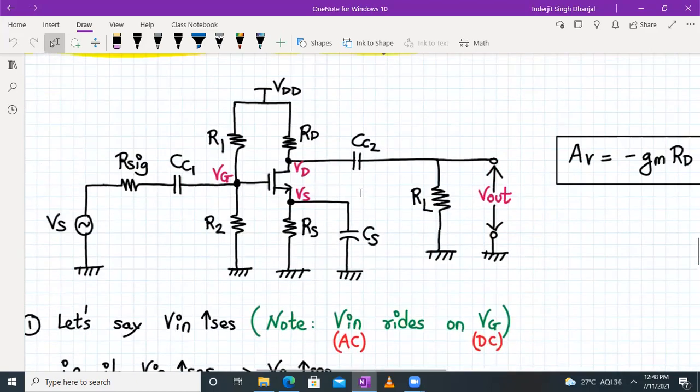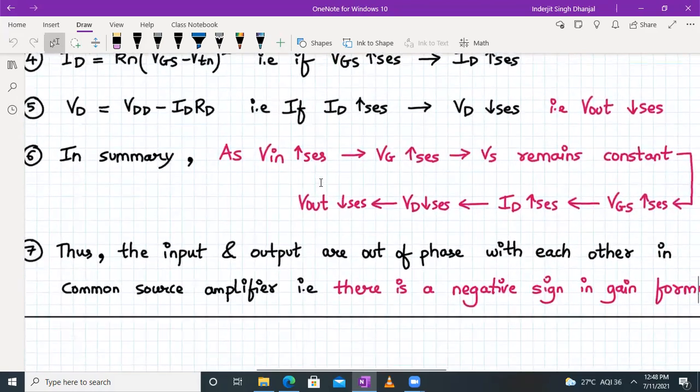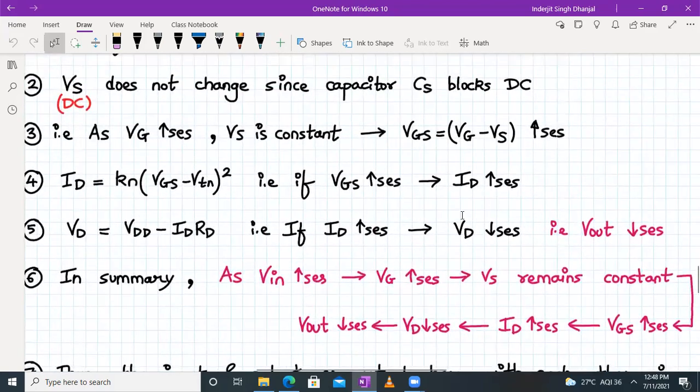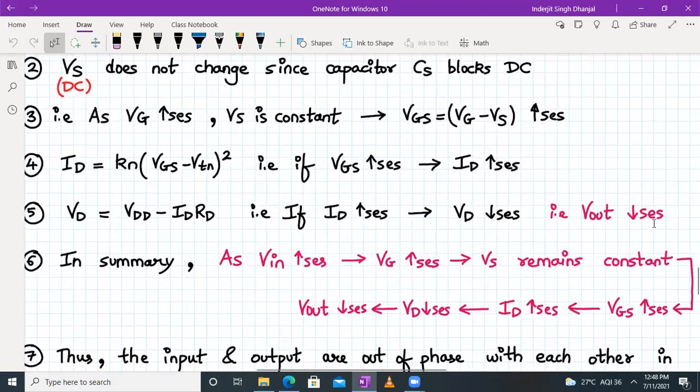At VD we have the AC quantity as well as the DC quantity, and we have a capacitor connected which will only pass the AC quantity. So if VD is decreasing, Vout is also decreasing. That is what we mean here: if VD reduces, your Vout also reduces. So we started with Vin increasing and ended with Vout decreasing.